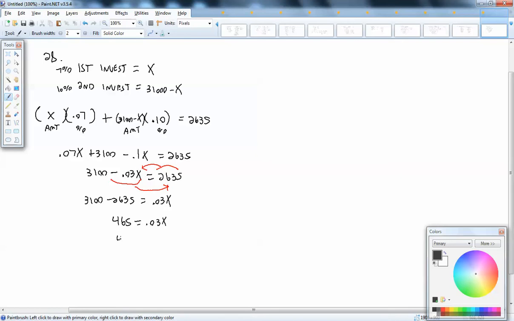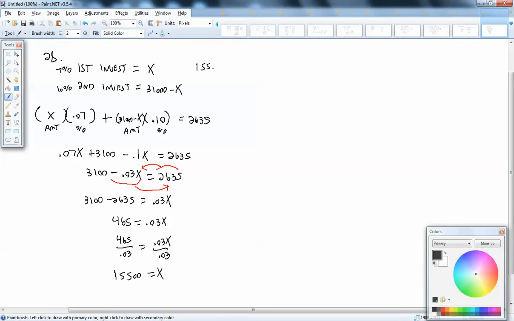Then divide both sides by 0.03. 465 divided by 0.03 is 15,500, which is x, the first one.